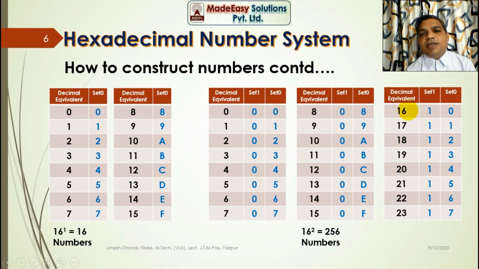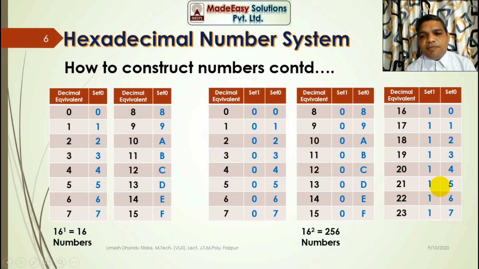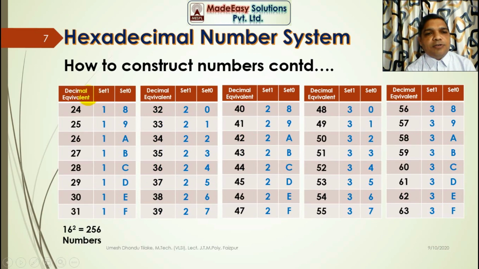After 15, 16 is there, therefore for 16 to 23 in decimal I have shown the hexadecimal equivalents in blue color. So only 24 numbers have been shown on this slide. The next slide shows you the remaining numbers. After 23 we must get 24 in decimal, and after 17 we must get 18 in hexadecimal, and so here 24, 18.